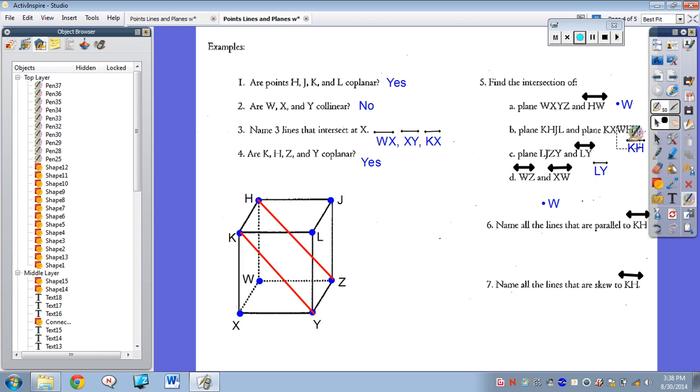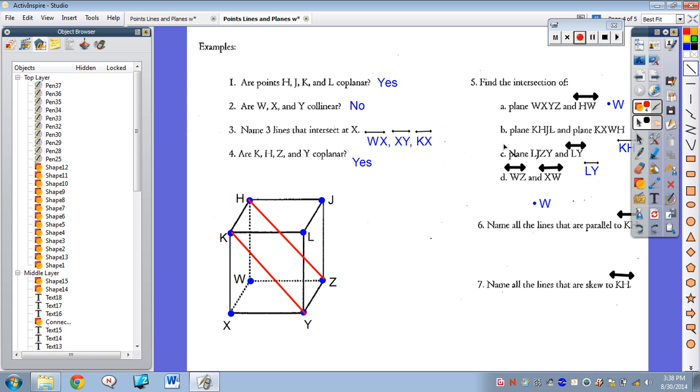Alright, last two questions. Name all the lines that are parallel to line KH. The key term here is parallel: two lines that have the same slope and don't intersect. Let's draw a green line over KH. So here's KH.